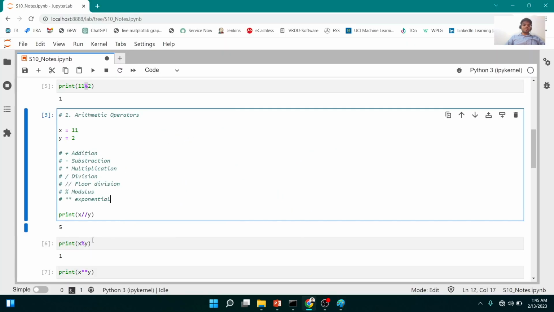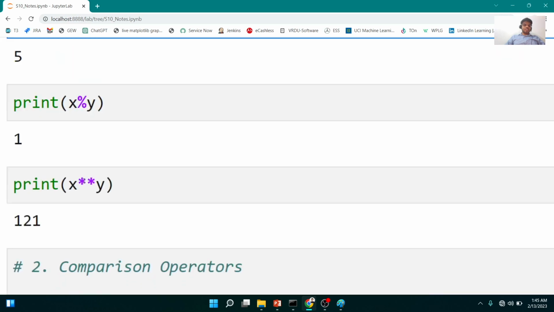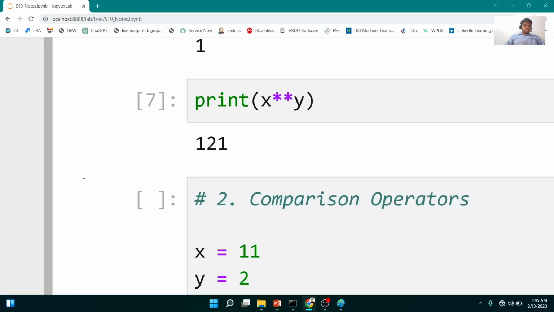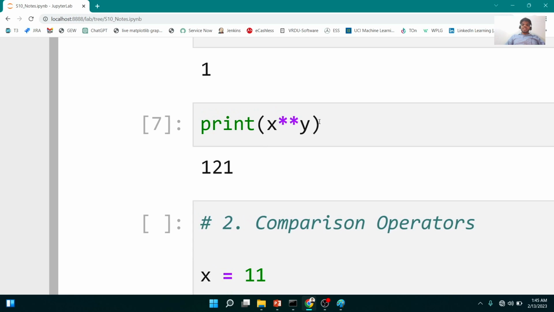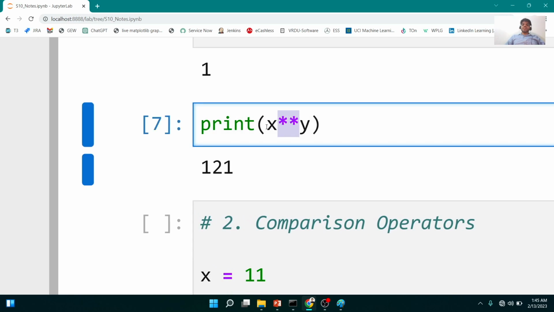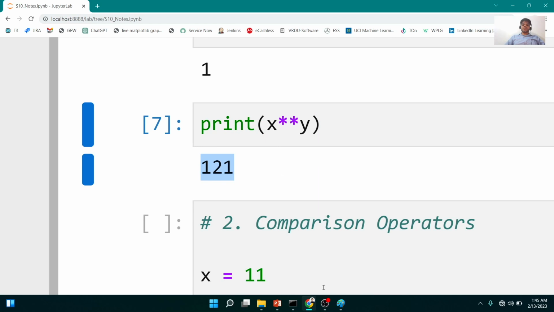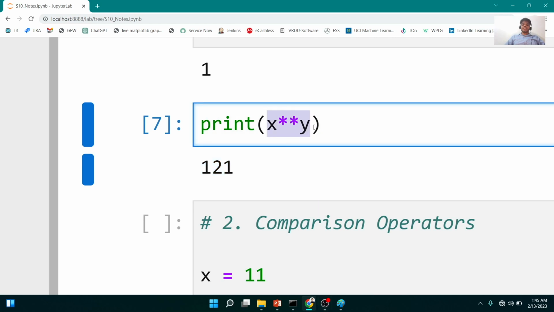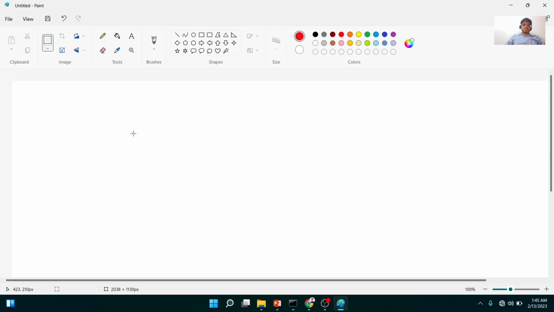Here you can see that I am utilizing the exponential operator. Now x to the power of y, the answer you get is 121. So when I write like this, it is similar to writing x to the power of y.